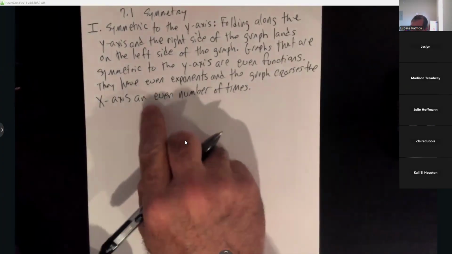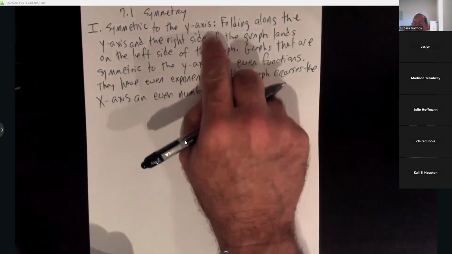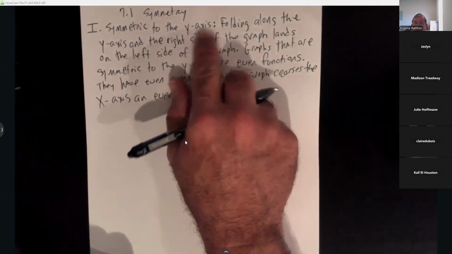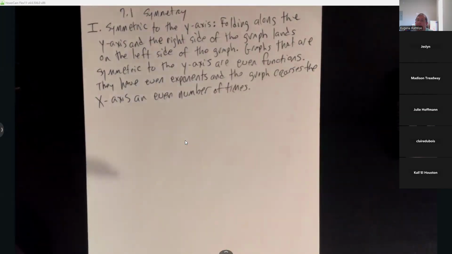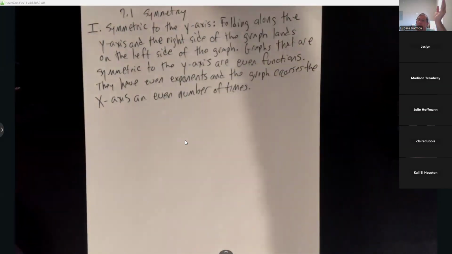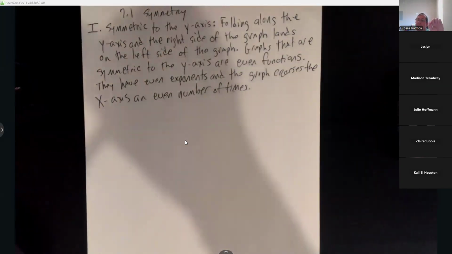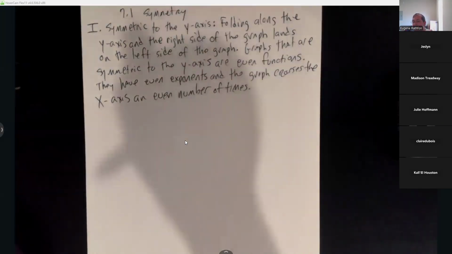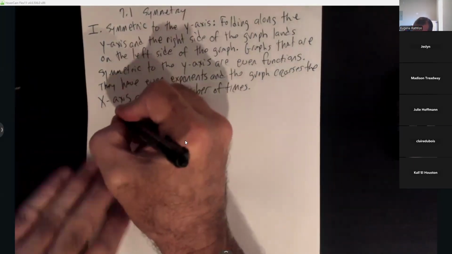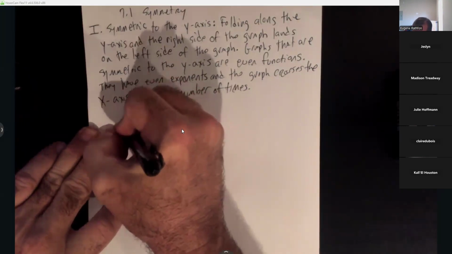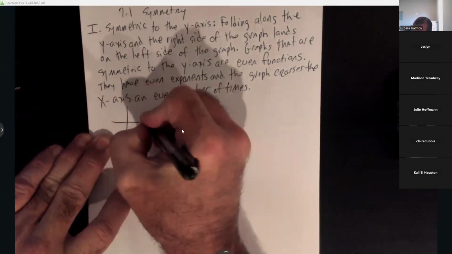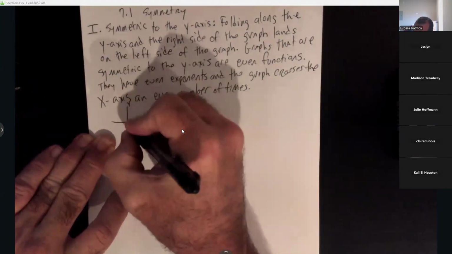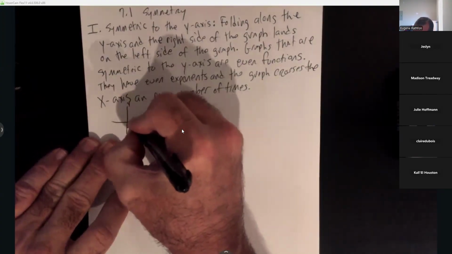So even functions are going to be the ones that are symmetric to the y-axis. And that's because the even exponents make those U-shaped parabolas, and they also cross the x-axis an even number of times. So an example of something like that would be those parabolas that we've been drawing.